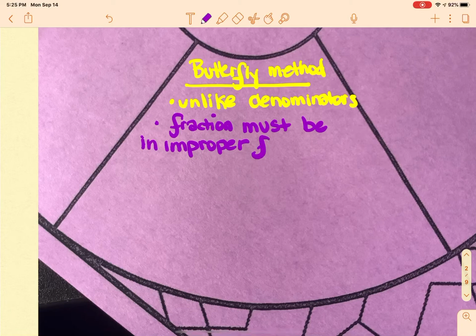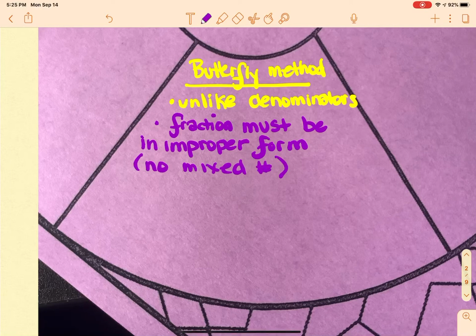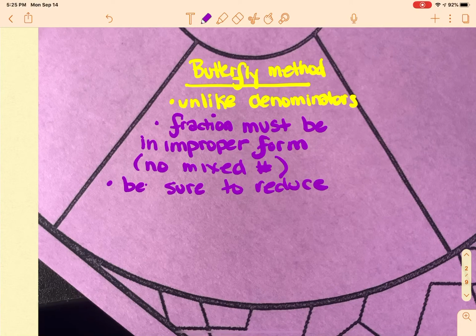So if it's not, I'm going to change it. Because the big thing is this is going to be no mixed numbers. The other thing with this is that we're going to have to be sure to always reduce. That's going to be another piece.